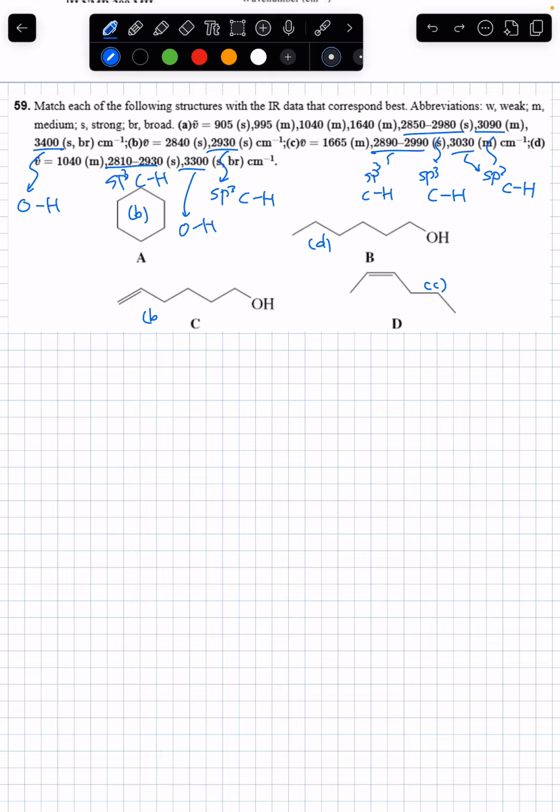Kind of confusing myself here, sorry. C, no, that's D, or I should say A. Yeah, I wish they would have done A, B, C, D, and 1, 2, 3, 4 or something. So A has an olefin and an alcohol, so there you go.